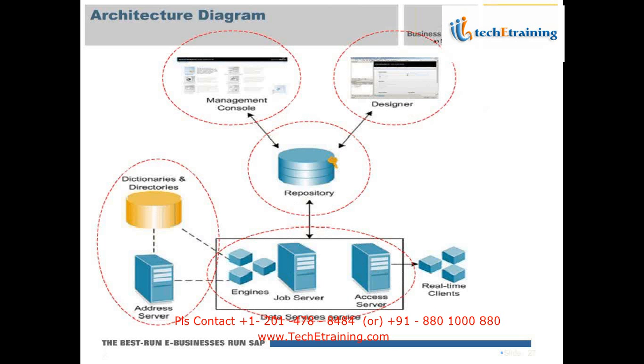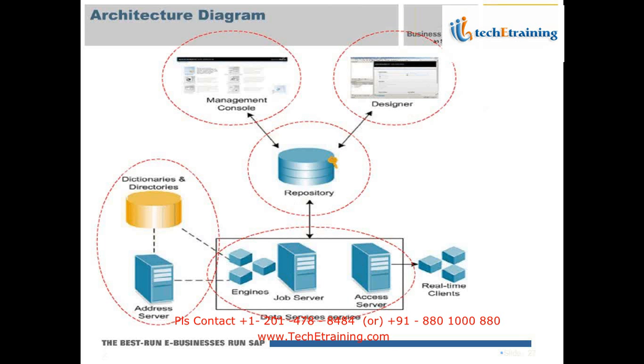The repository also has, apart from the job server, a management console connection. The management console is a web-enabled tool with multiple purposes. It is the entire administration block, and also a block where you can view all your reports that you bring from cleansing and validation.